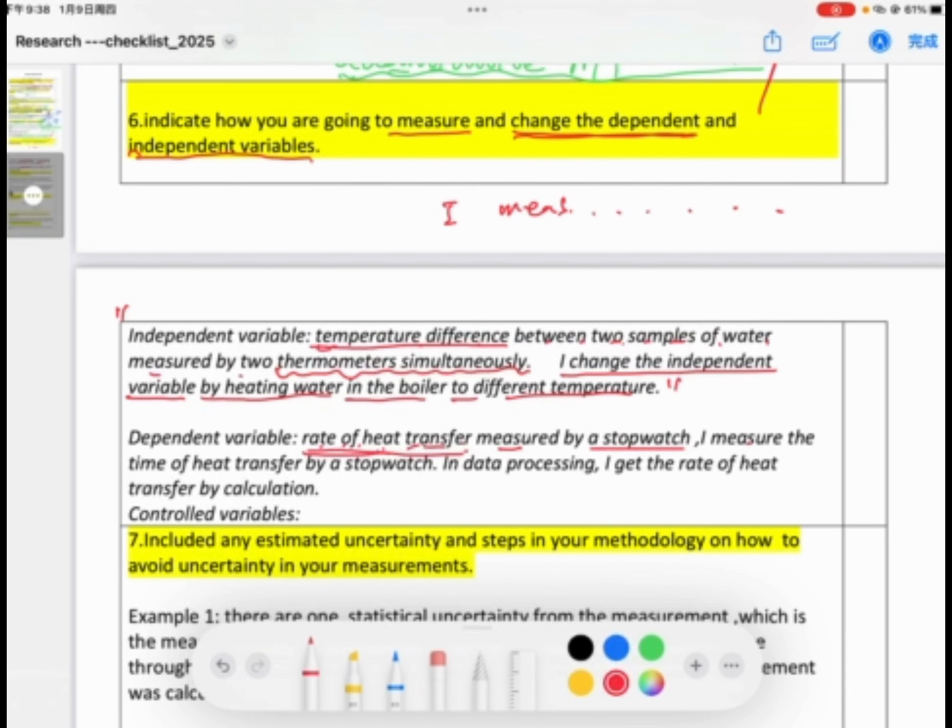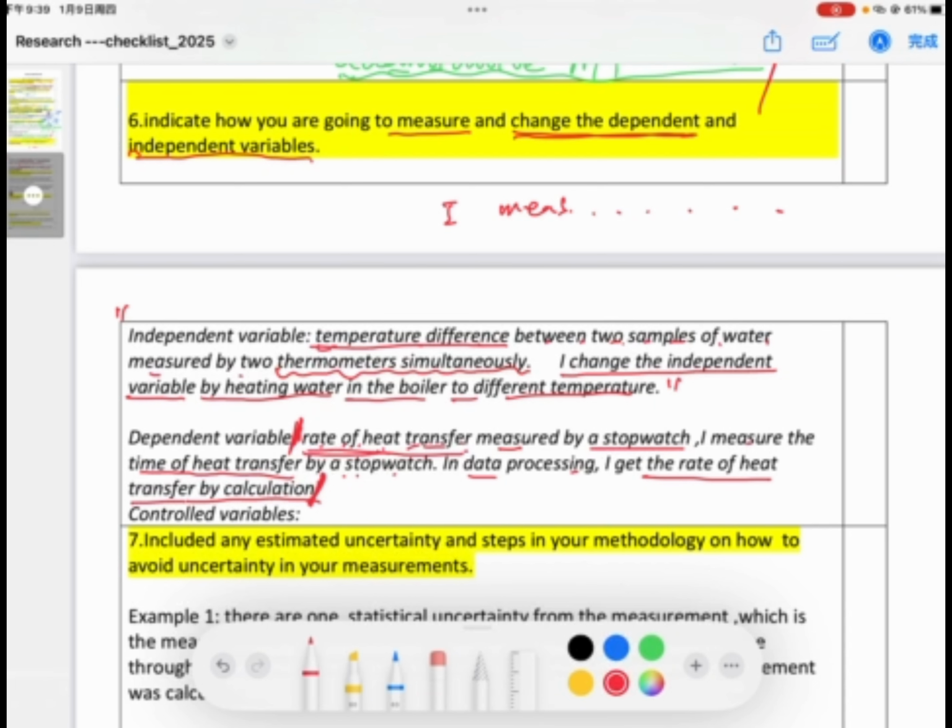I measure the time of heat transfer by a stopwatch, and in data processing, I get the rate of heat transfer by calculation. So this description over here describes how to get the dependent variable, which is the rate of the heat transfer.